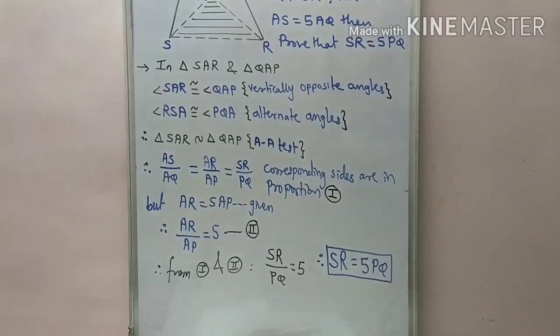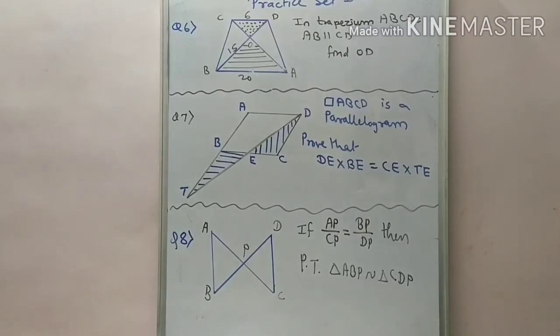Okay students, now we try for the next. The next 3 examples are the 6th, 7th and 8th example. I will keep them as your homework, but here I will give you a hint how to solve these examples. In the 6th example, we are given the lengths of sides AB as 20, DC as 6, OB as 15, and the question is to find OD, and it is given that in trapezium ABCD, AB is parallel to CD.